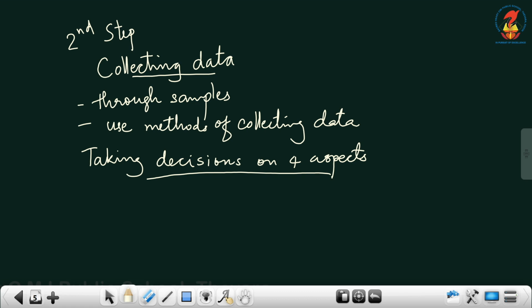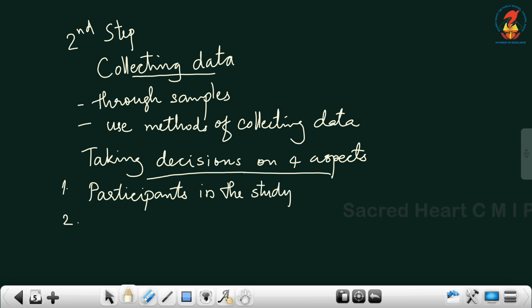One is participants in the study. The second one is methods of data collection.